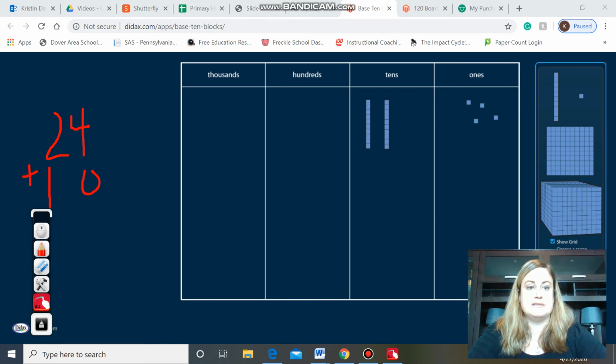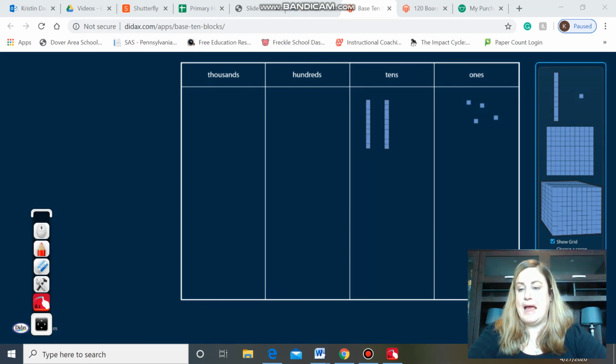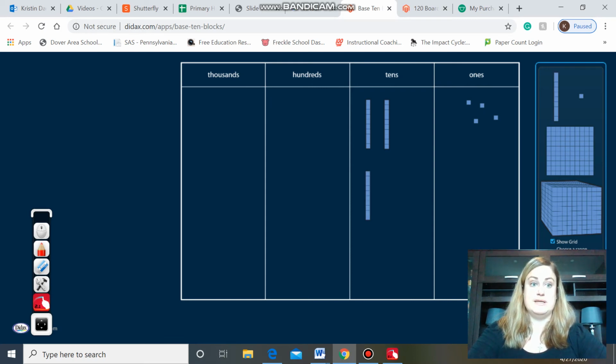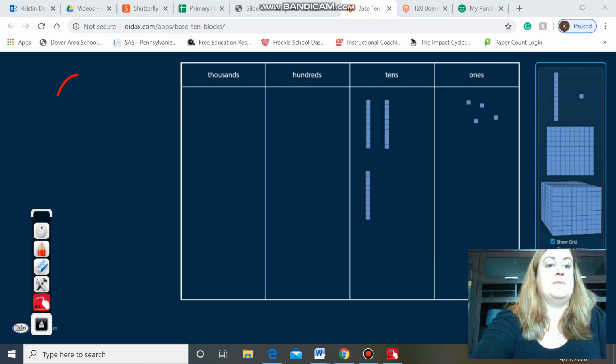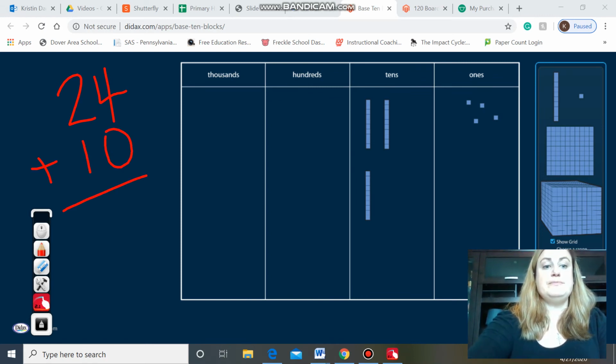Okay, I want to add 10 to that. So if I'm going to add 10 more, my addition problem is going to go away. I would physically add another 10. So now my number would become 3 tens and 4 ones. So you'll notice that when we had 24 plus 10, our answer became 34.